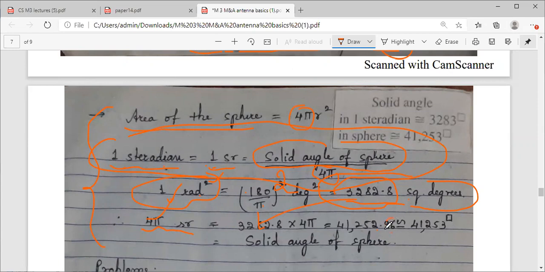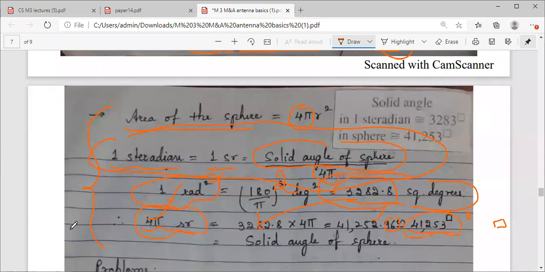You can approximate, 0.96 है तो इसको 3 कर दो, 41253. See, I have not taken a zero symbol. On the top, I have taken a small square symbol indicating it is a square degree. Okay, so 4 pi steradian is equal to 41253 square degrees. So ये conversion important है.